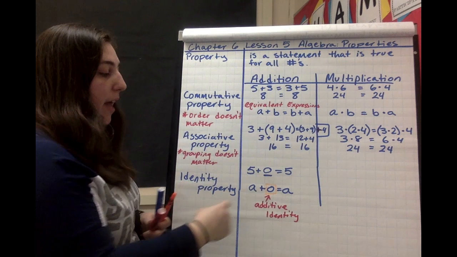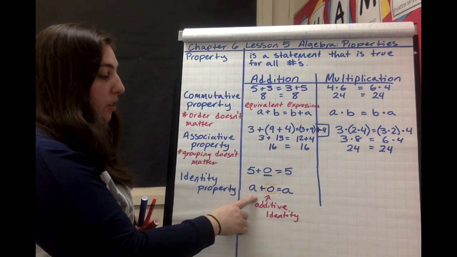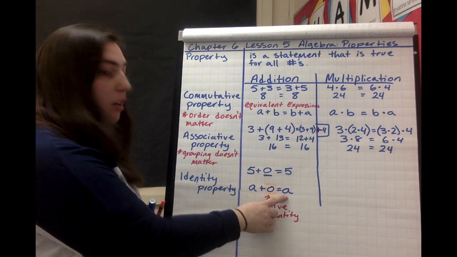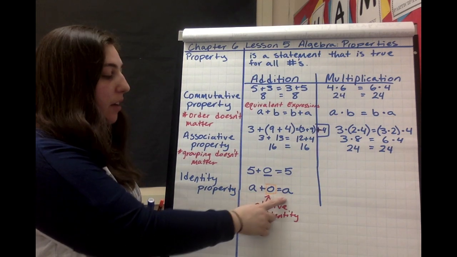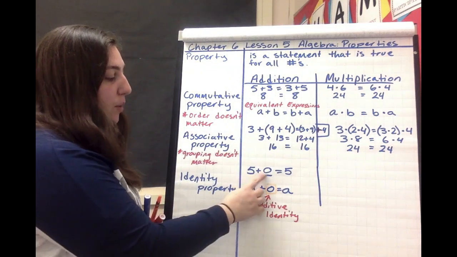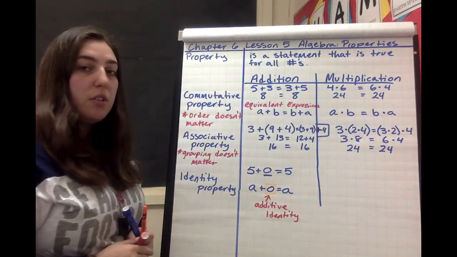Okay, so we call 0 the additive identity because whatever number we add it to, when we're adding, we're still going to get the original identity of that number. So a plus 0 equals a. 5 plus 0 equals 5. So the identity of the number does not change.